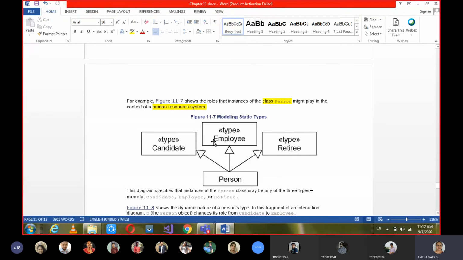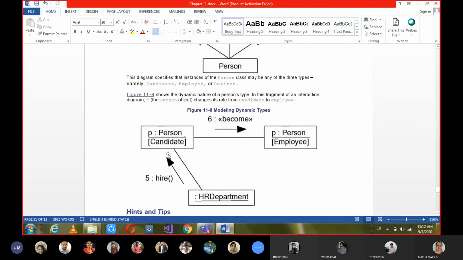Is it not that these three things are in the long course of time? It's not within a short period of time that it's changing. So such aspects we call static types.